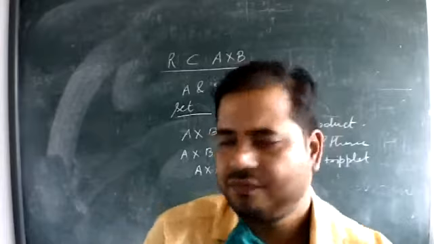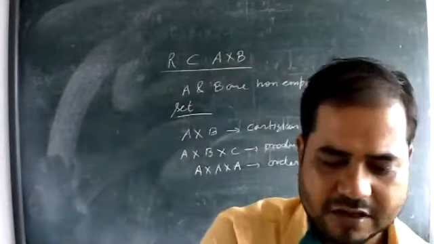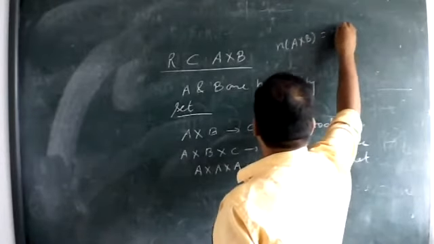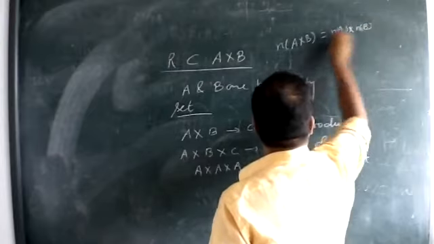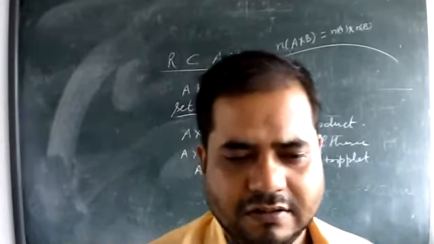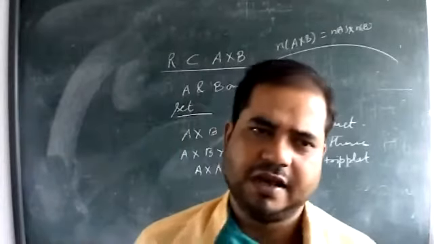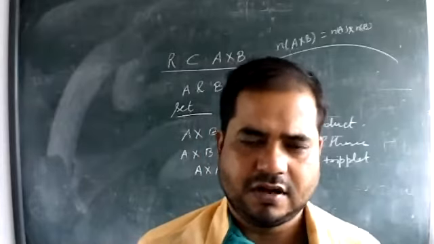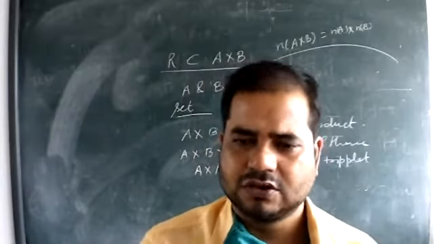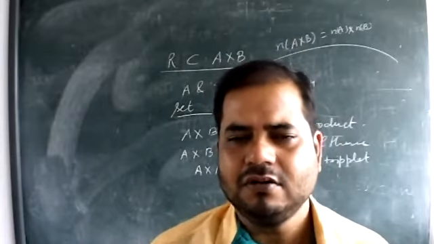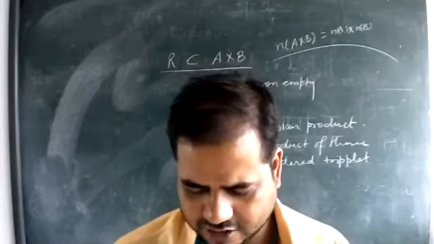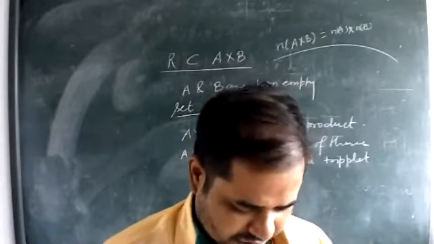If we have a Cartesian product A cross B, how many elements are there? n(A cross B) is nothing but n(A) into n(B), that means the number of elements in A into the number of elements in B. Similarly, for A cross B cross C, the number of elements is n(A) into n(B) into n(C), that means the product of the number of elements in set A, set B, and set C.